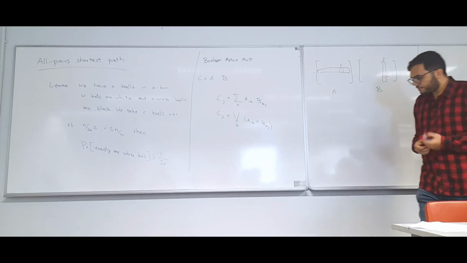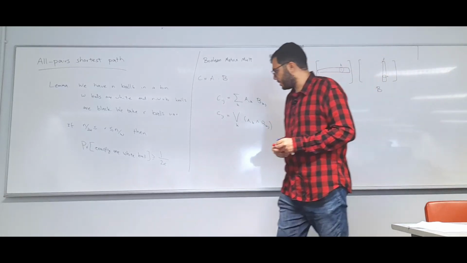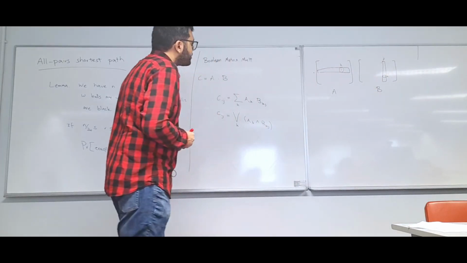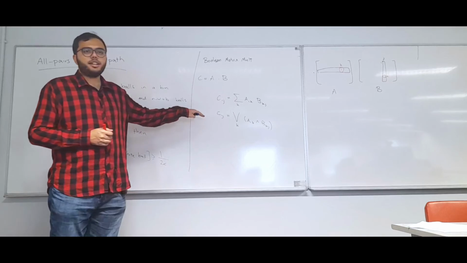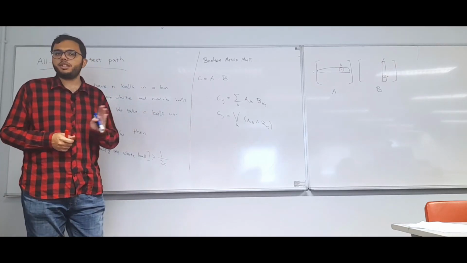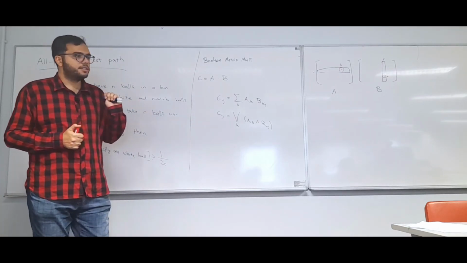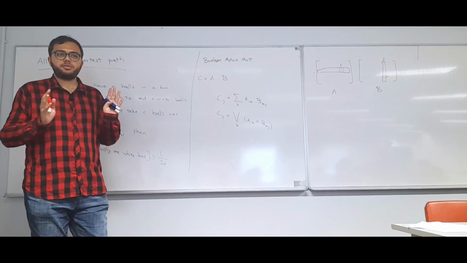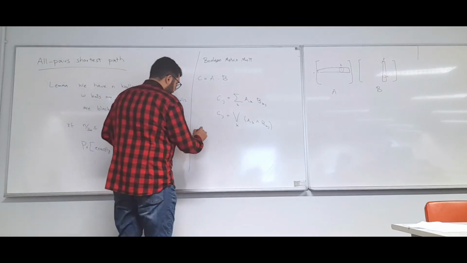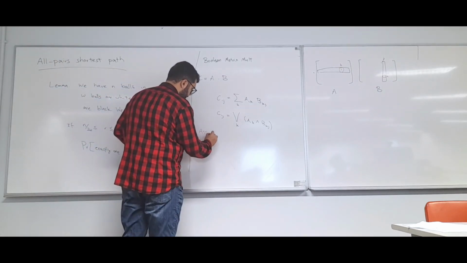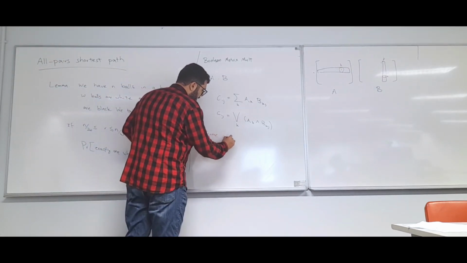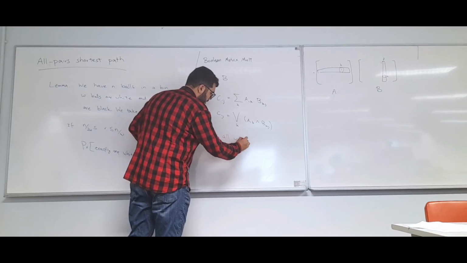Now, here's what I want you to consider. Let's just assume that every Cij that is 1 has a unique witness. I just want you to assume this for a second: all witnesses are unique.